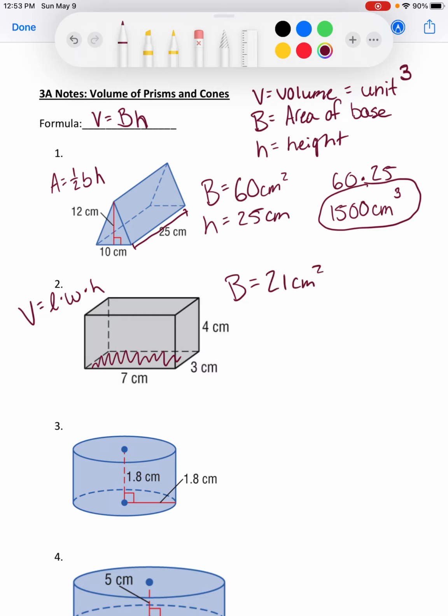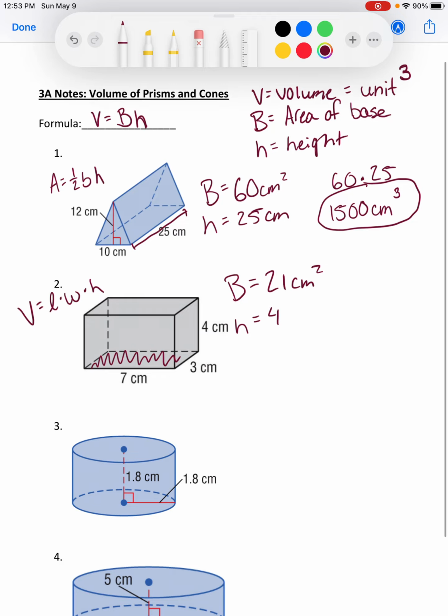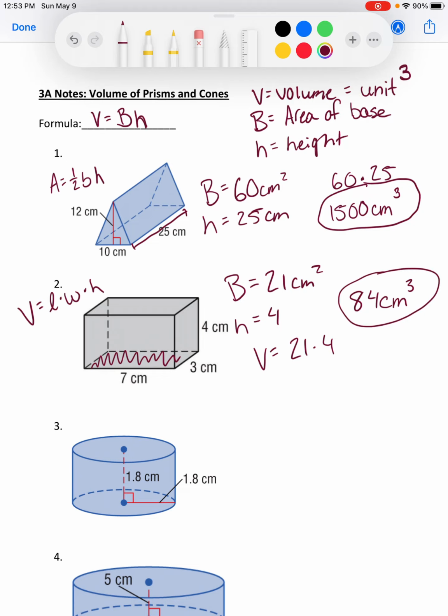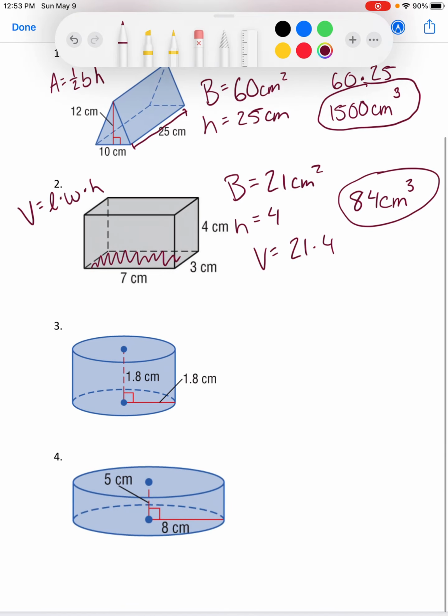And then my height in that case would be 4. So now I'm going to do volume equals 21 times 4, which would, of course, give us 84 centimeters cubed. That little 3 again.